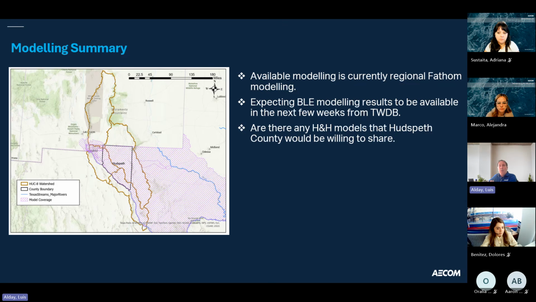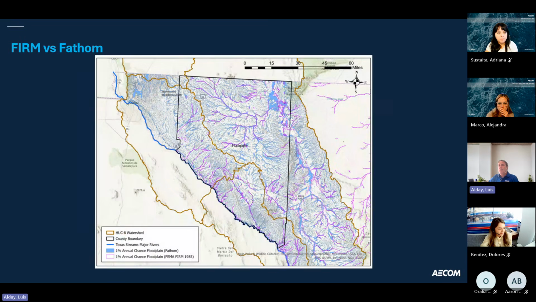Although when TWDB does this base level engineering, they do not have all the infrastructure. They don't have all the culverts, all the bridges. We use that as a baseline, and then using that information, Google Earth, and some as-builts that we were able to find through TxDOT, we were able to put all the infrastructure in this HEC-RAS model. This gives you a comparison of FIRM versus Fathom.